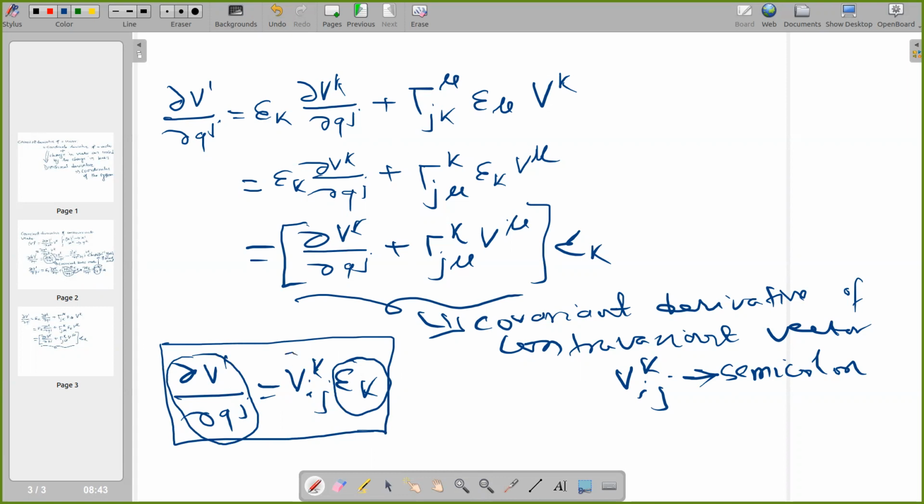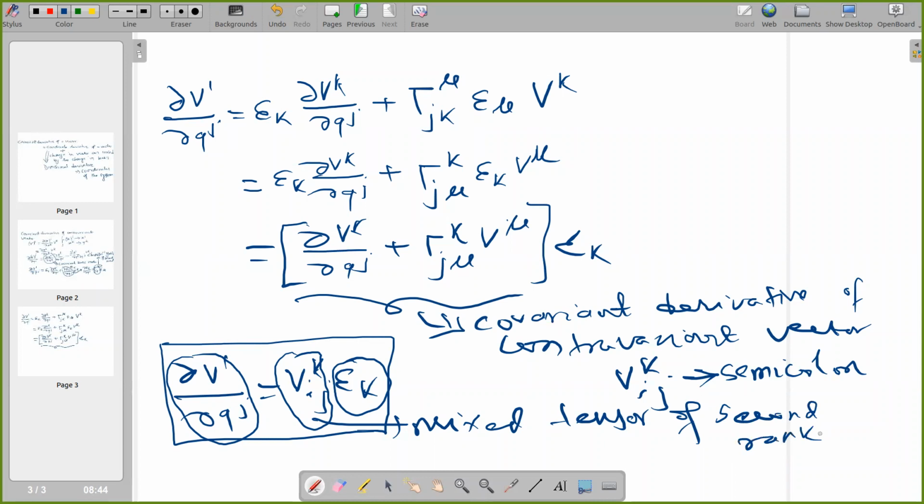So V k j must be a tensor, and we say this is a mixed tensor of second rank, or rank 2. If we see the transformation equation of Vk, we cannot say this is a tensor, since it does not have the property to be a tensor. But from the quotient law, we can say this is a mixed tensor.